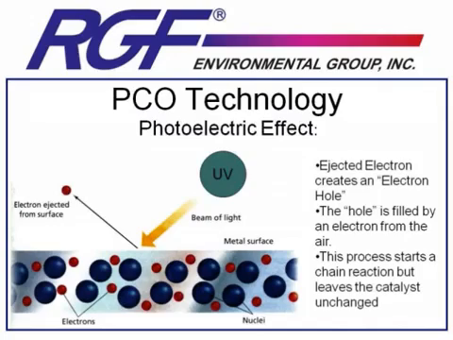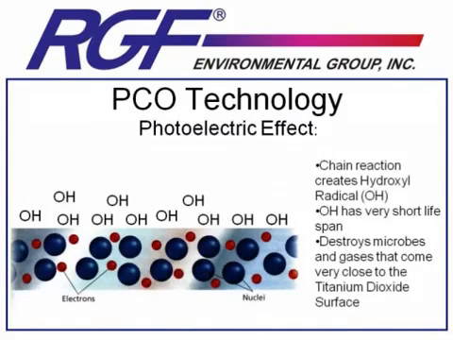This creates an electron hole, and that hole is filled by electrons from the molecules in the air, oxygen, nitrogen, your basic air components. This begins a chain reaction with these components in the air, recombining them into unstable arrangements. PCO devices are specifically going to generate what are called hydroxyl radicals, or one oxygen and one hydrogen bonded together.